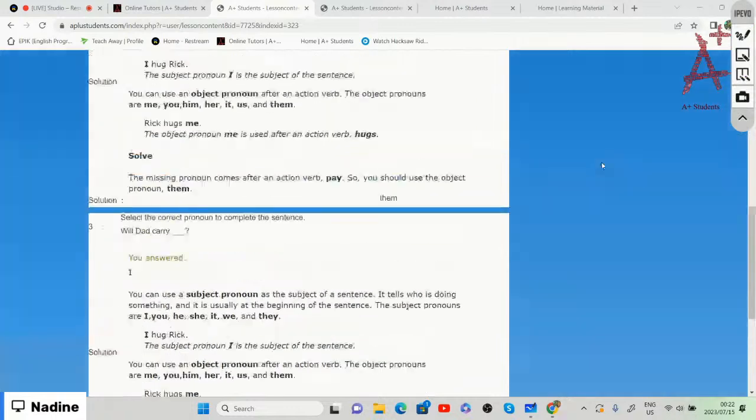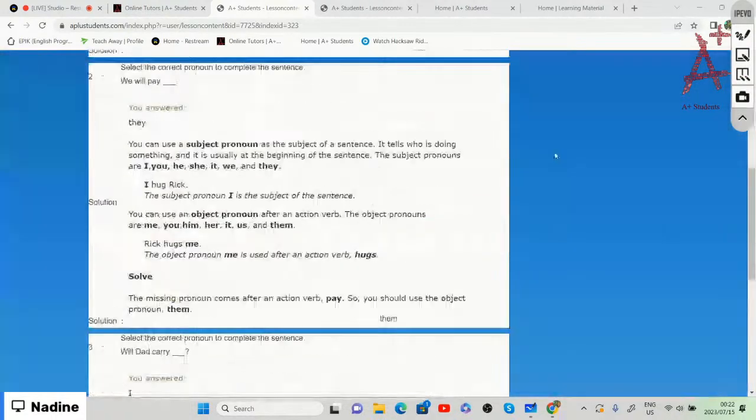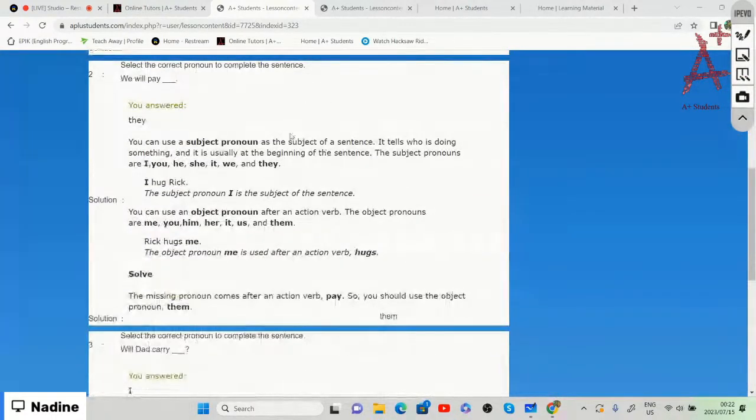All right. So once again, we get subject pronouns and we get object pronouns. A subject pronoun we use as the subject of a sentence that tells us who is doing something, and we will usually find it at the beginning of a sentence, such as I, you, he, she, it, we, and they.